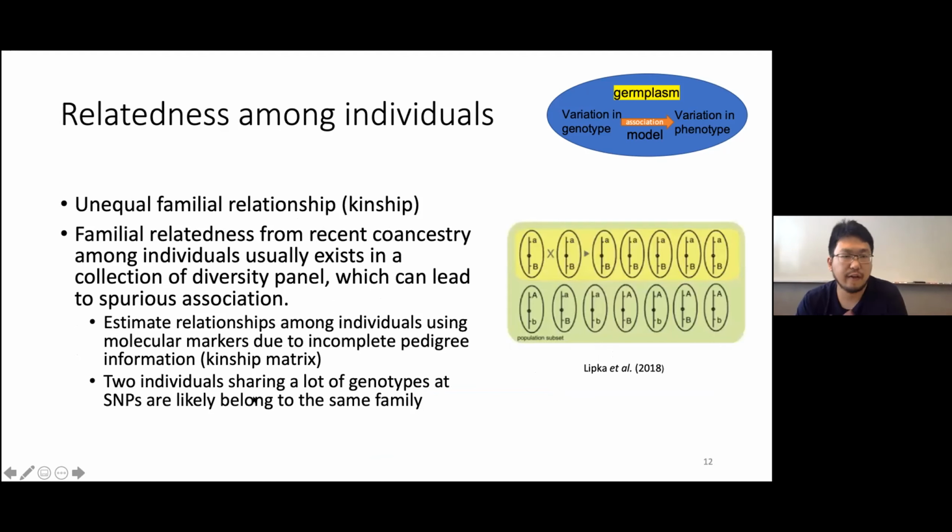The other layer of relatedness among the individuals is called kinship, or unequal familial relationship. This could be caused by recent co-ancestry among the individuals that usually exists in a panel. An example here would be, for example, this green box is a population we collect for genome-wide association study.